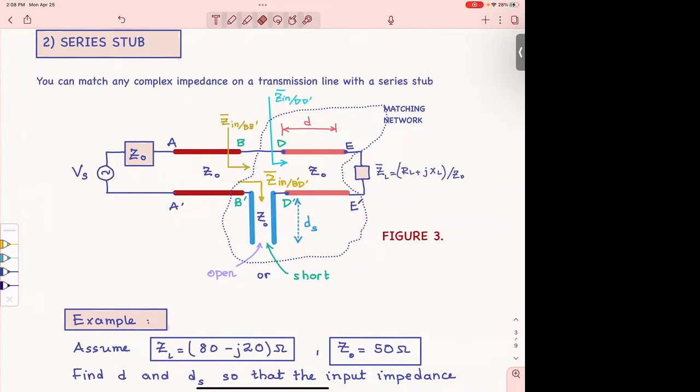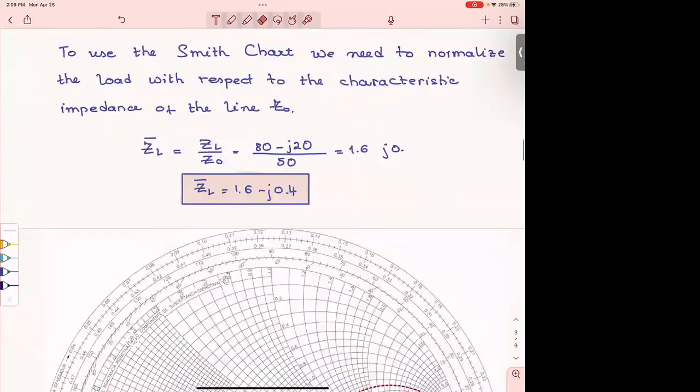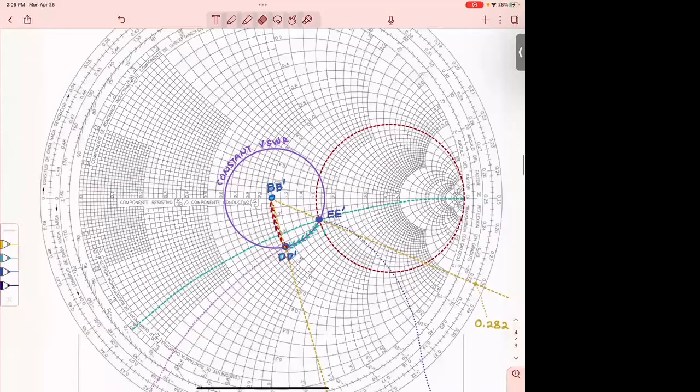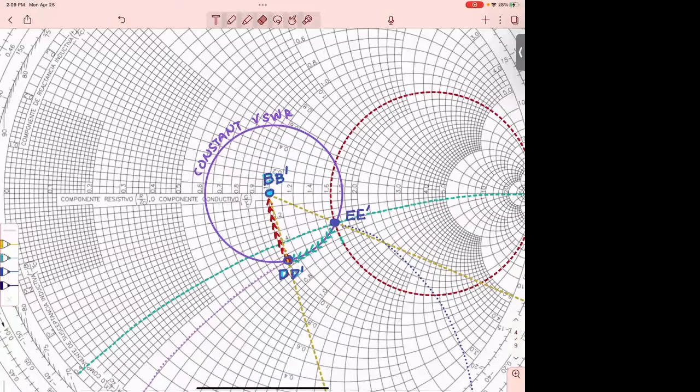Now, what is the circle that corresponds to this VSWR? Even if we don't know the value yet, we know the circle. It's here, the circle that goes through this point. And I write it. So now I have to move from the load, which is at E prime, to whatever point I have to stop and place the stub.